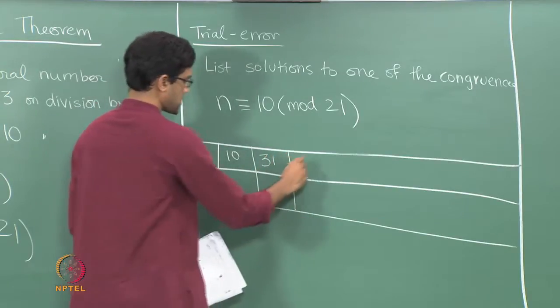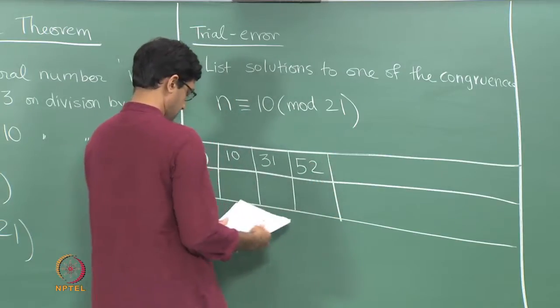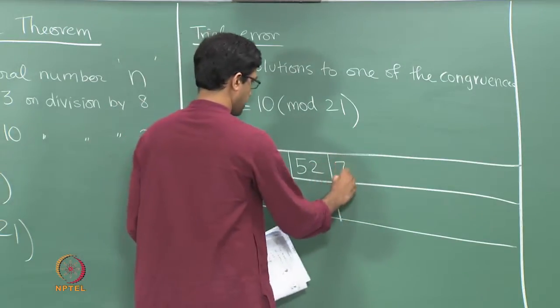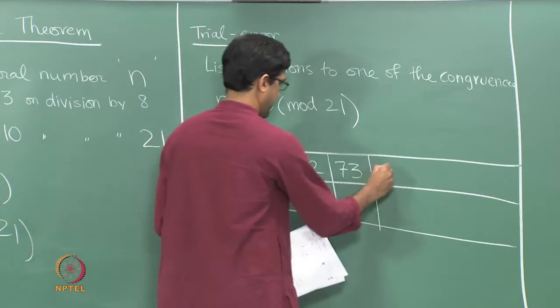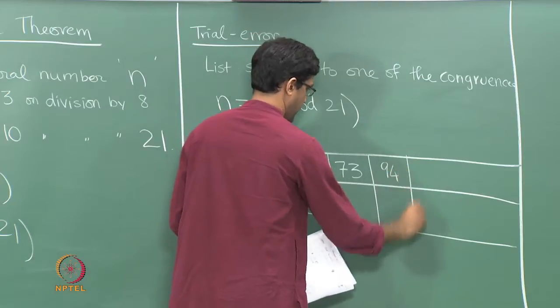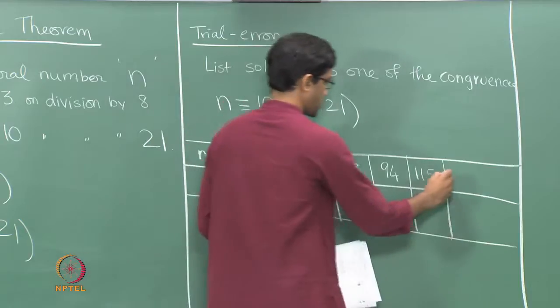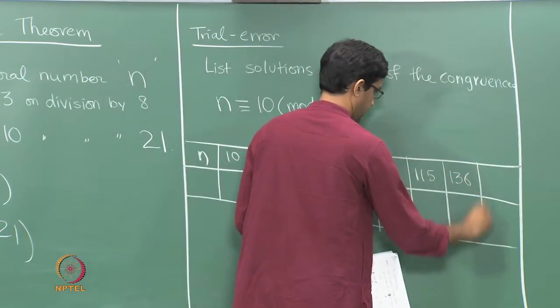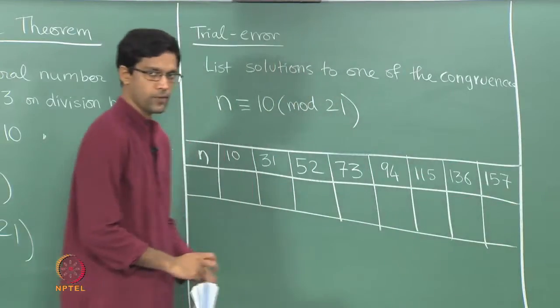I add 21 to this, I get 52, then I get 73, and so on. And write out a few more: 94, 115, 136, 157, and so on. The list keeps going on, but for now I'll stop there.